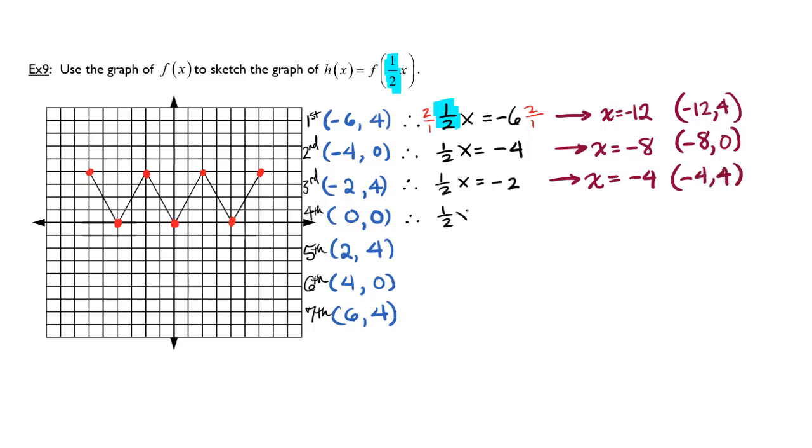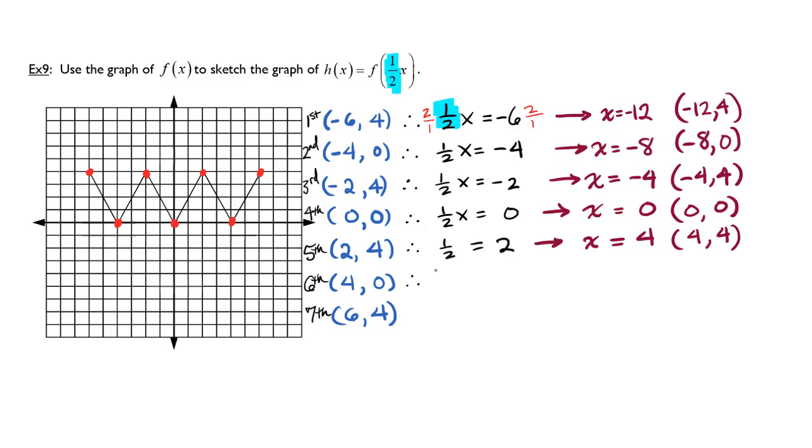We have 1/2 x is equal to 0. x is equal to 0. Our new coordinate point is 0, 0. We have 1/2 x is equal to 2. That gives us an x value of 4. So the new coordinate point is 4, 4. For the sixth coordinate point, we have 1/2 x is equal to 4.